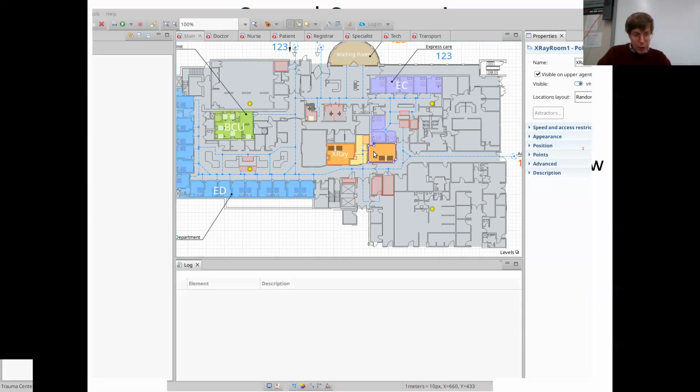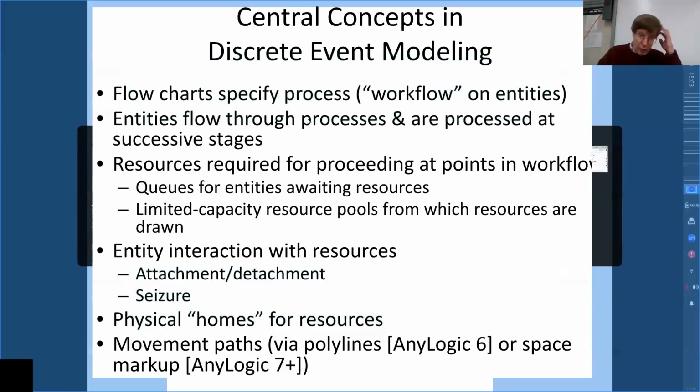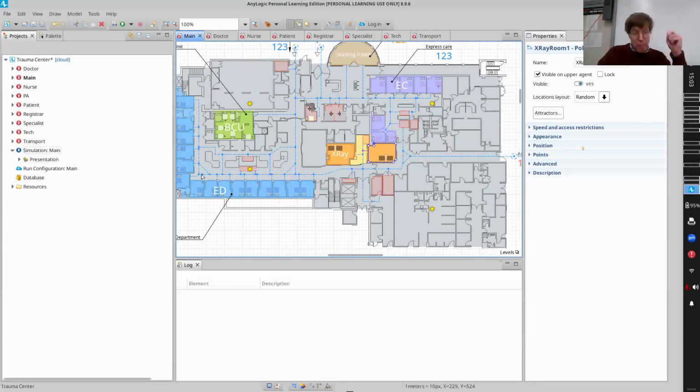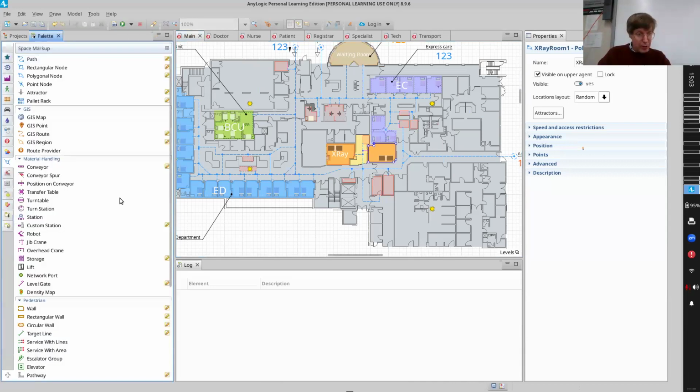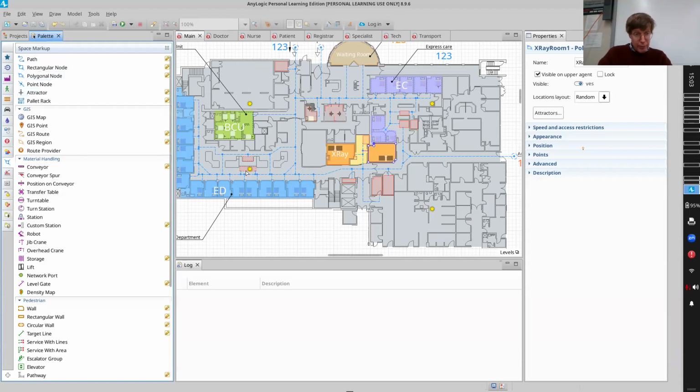Okay, continuing on, I will note that commonly in these environments, we have these sort of lines, which may look decorative, but they're, in fact, based on markup of the space to delineate paths through the space. They're an undirected graph connecting one area to another.